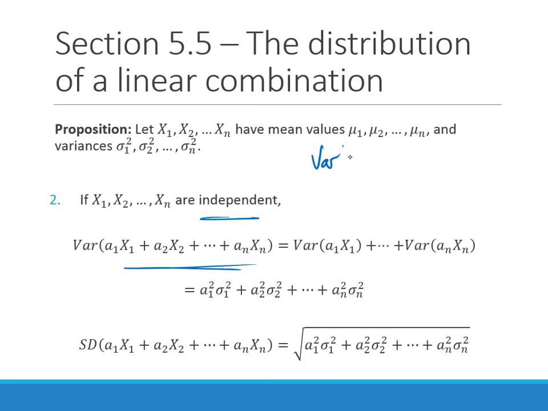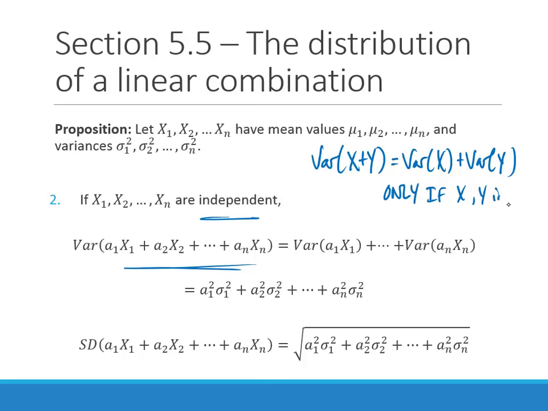For example, the variance of x plus y is equal to the variance of x plus the variance of y only if x and y are independent. So I can distribute the variance through the sum only if I have independent random variables.